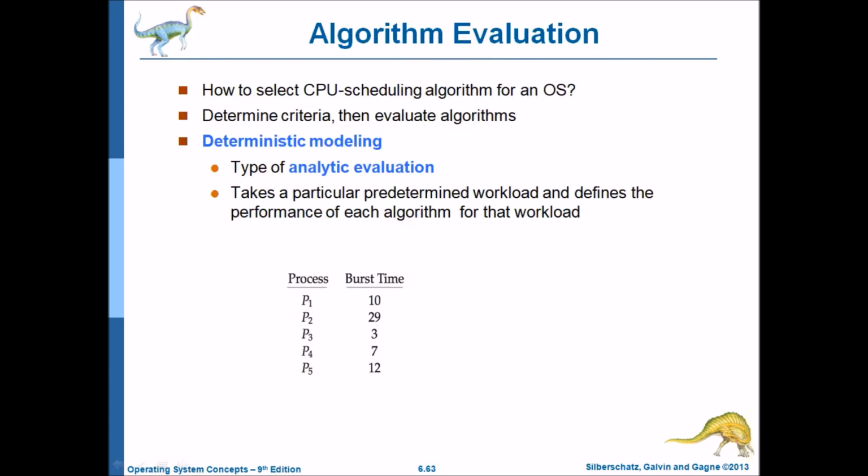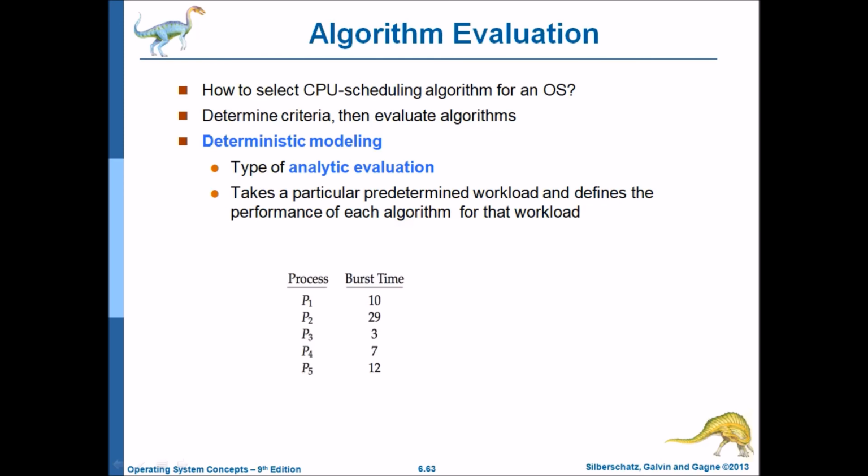So we now proceed to evaluation of the algorithms. How do we select a CPU scheduling algorithm for a particular system? As we saw in the previous sections, there are many scheduling algorithms, each with its own parameters. As a result, selecting an algorithm can be difficult. The first problem is defining the criteria to be used in selecting an algorithm.